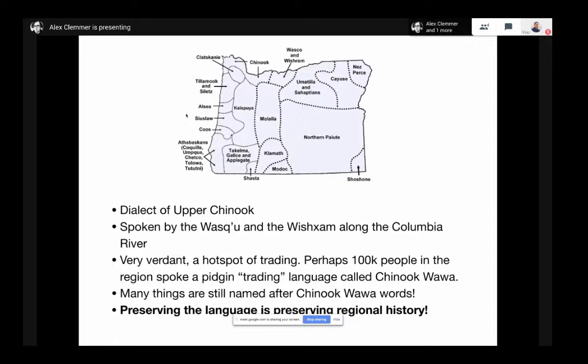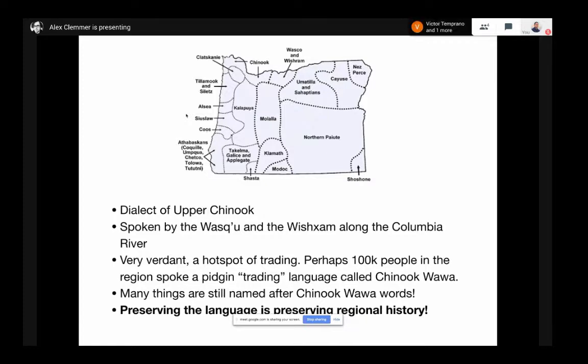To give you another sense of how impactful this language was and what it meant to the region, if you just drive around in the Pacific Northwest, anything that doesn't look like Spanish or English, as a general rule, is probably a Chinook Wawa or Kiksht word. As I drive down to Oregon, in southern Washington, there's a little creek called Skookumchuck River.